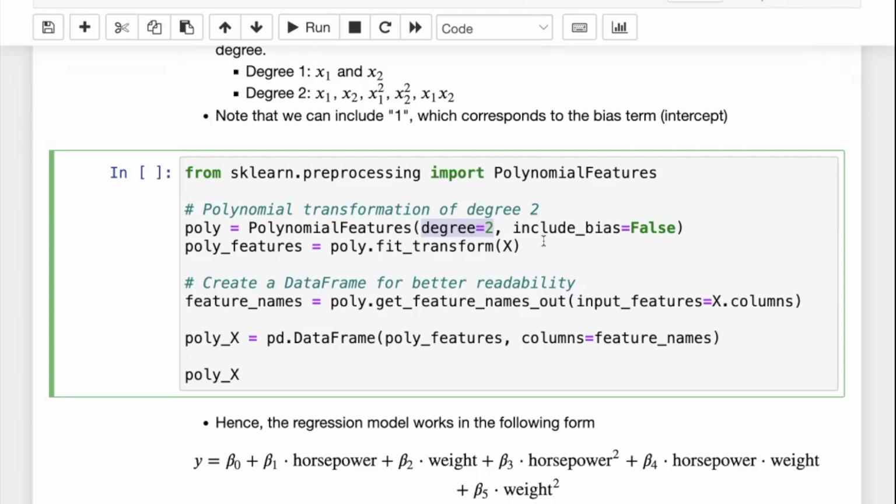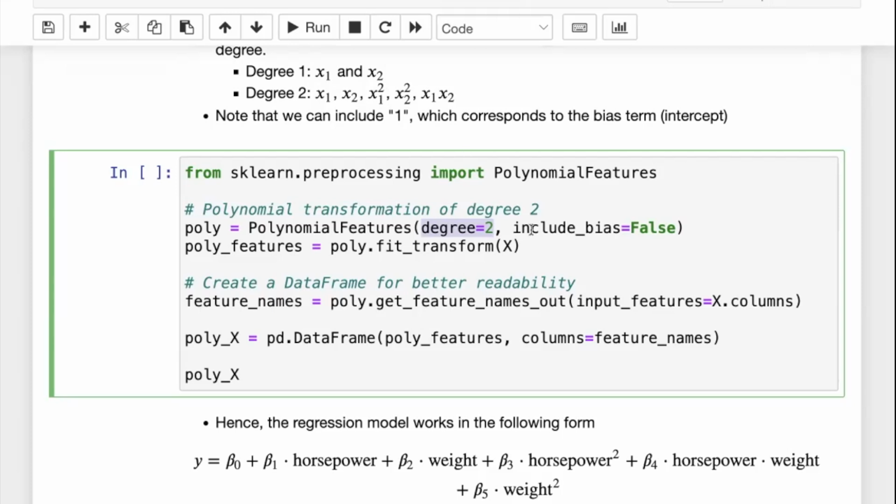And for this case, I'm going to set the parameter include_bias equal to False because otherwise we will get 1 here, as x1 raised to the power of 0 or x2 raised to the power of 0. But we don't really need to consider this because once we fit this to a regression model, we already include that bias term.